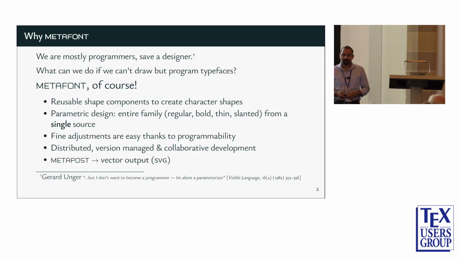And we also found MetaPost as a superset of Metafont that gives us a lot more additional functionality, plus the ability to produce vector graphics, because ultimately we wanted to produce OpenType fonts or outline font formats. So MetaPost gives us that for free, and we generate SVG for each glyph.